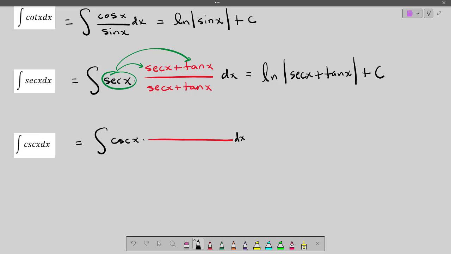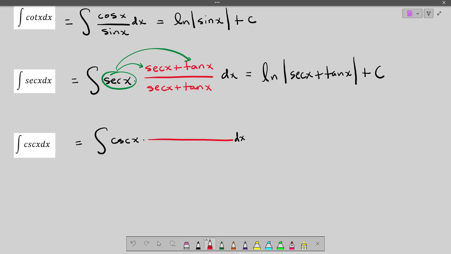Let's try something similar to what we did with secant. So we said the magic bullet, the multiplication by 1 for secant, we found by taking its derivative and then kind of separating. What's the derivative of cosecant? Cosecant. Minus cosecant cotangent.